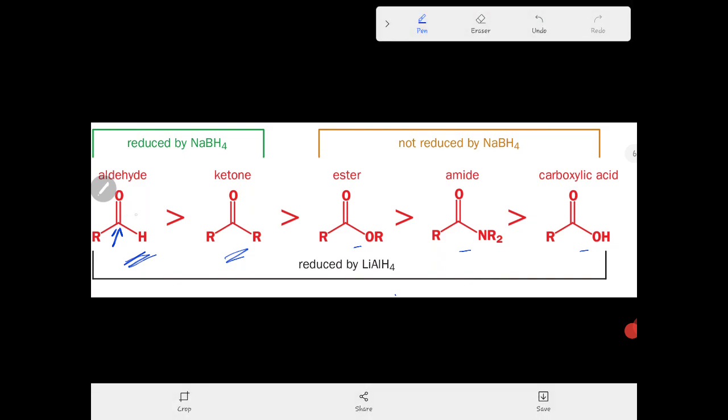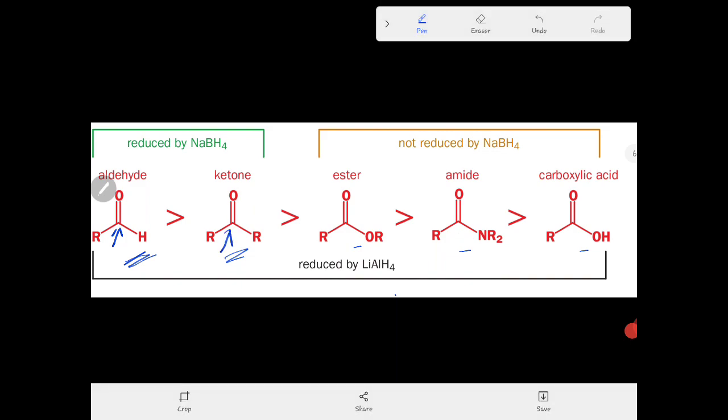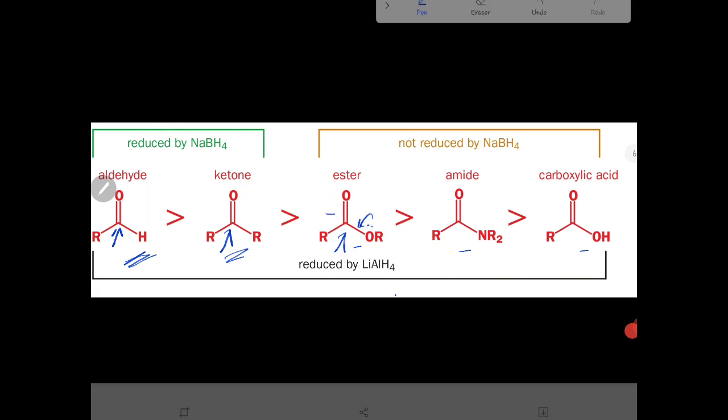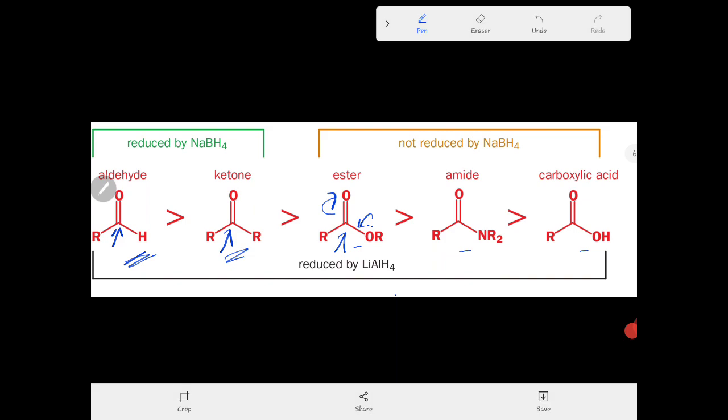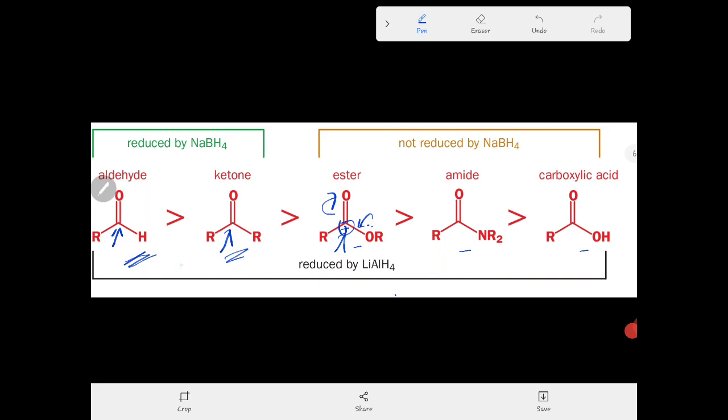This carbon is more electropositive because there is nothing to support it. Whereas, you need to think about why the electrophilicity of ketone is greater than that of ester. The reason is this pair of electrons will be in resonance with this carbon. So the electrophilicity at this point will get reduced. So please remember, this is the order of electrophilicity of various carbonyl groups.